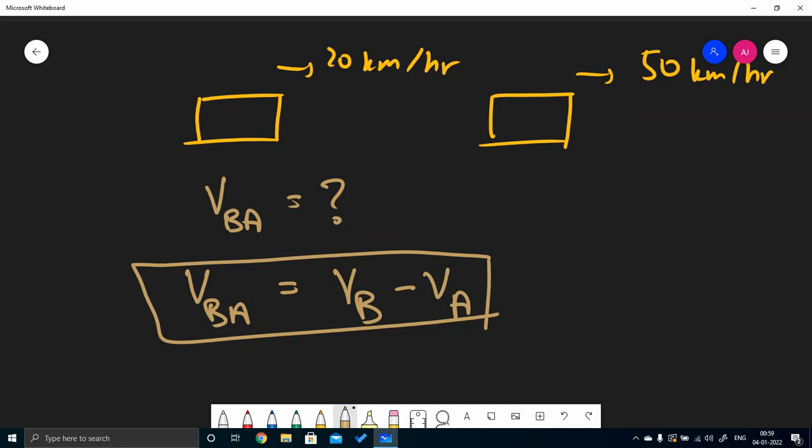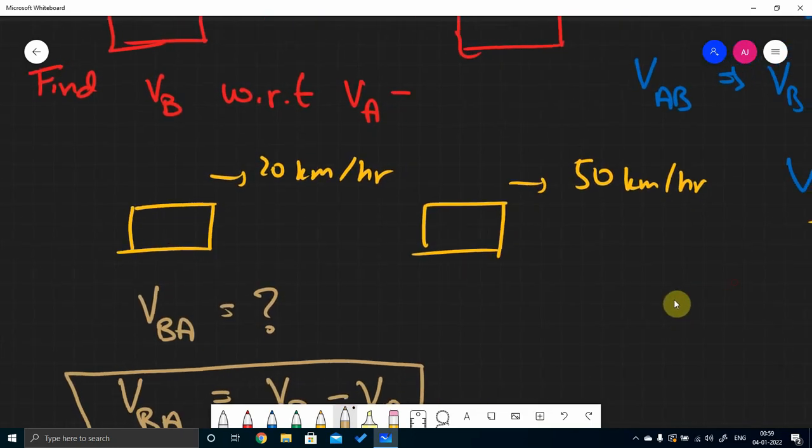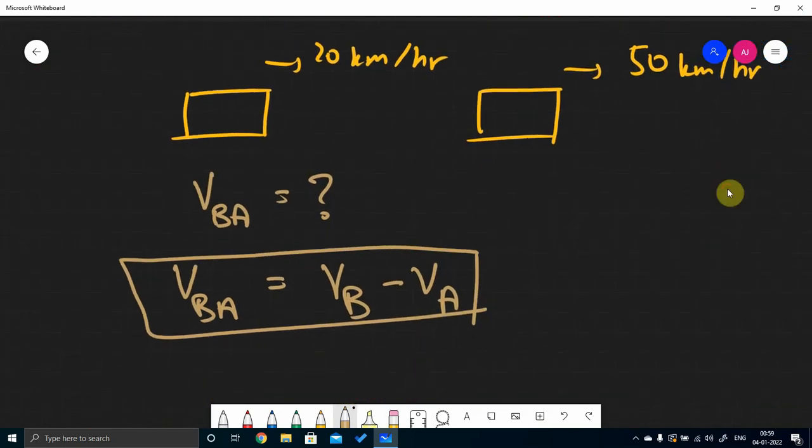So velocity, okay, I'm really sorry. We wrote this wrong. You guys might have figured it out. So this actually should be VAB. Yeah. So this is going to be VAB.